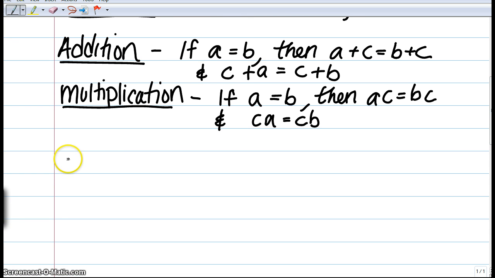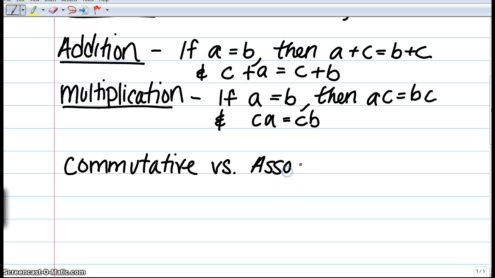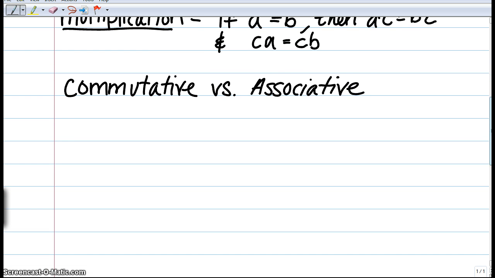One of the most difficult properties is commutative property versus associative property. So I made up an acronym to help you remember which is commutative and which is associative.